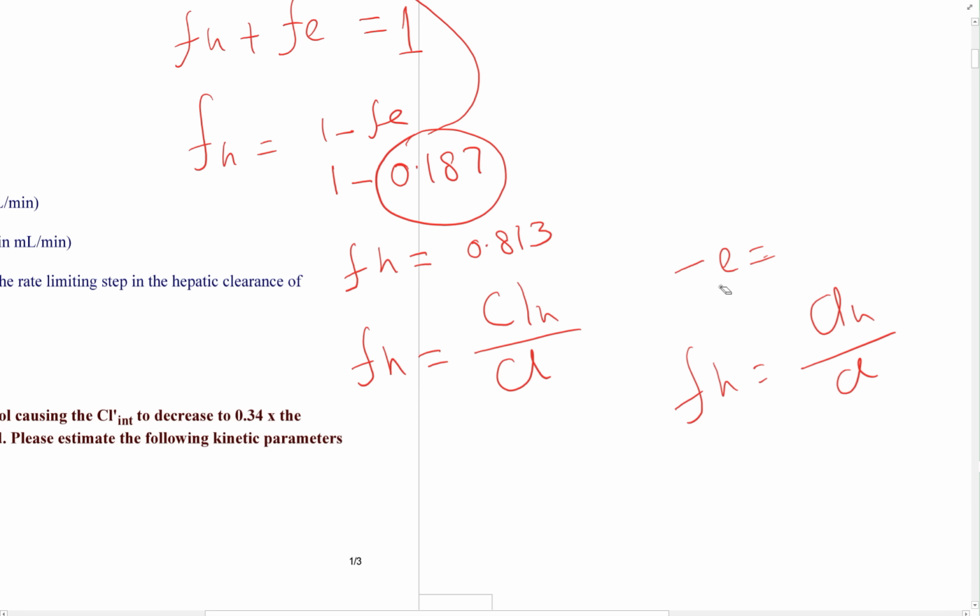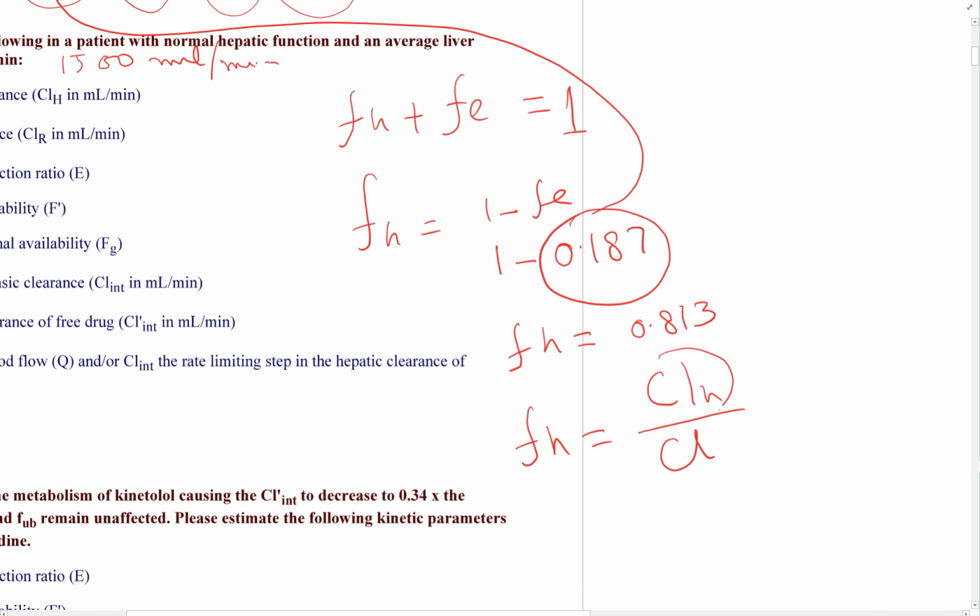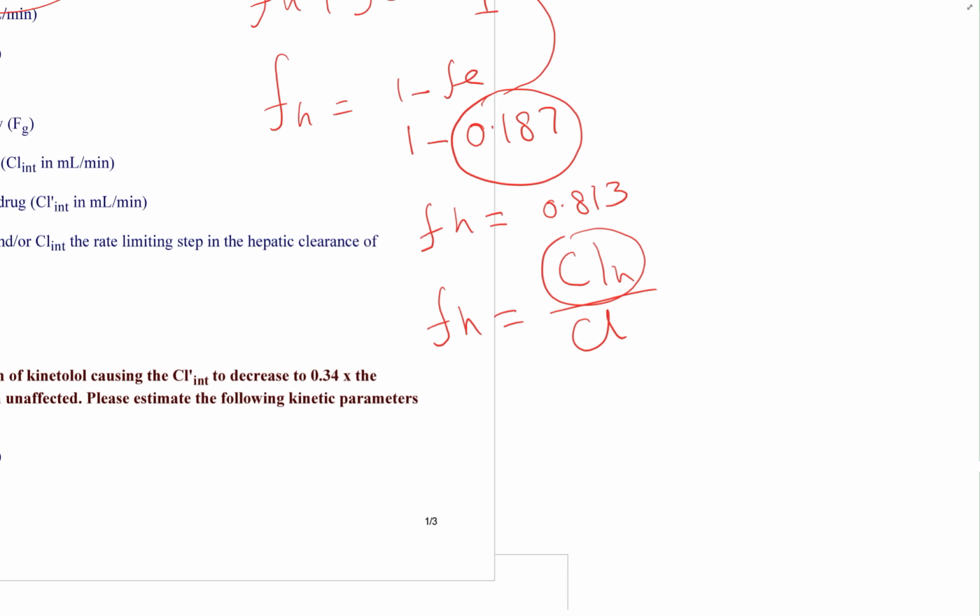So now we know we have to calculate CLH. So here this is asking for CLH in milliliter per minute. So your CLH is going to be FH times CL. FH, we know this is our FH.